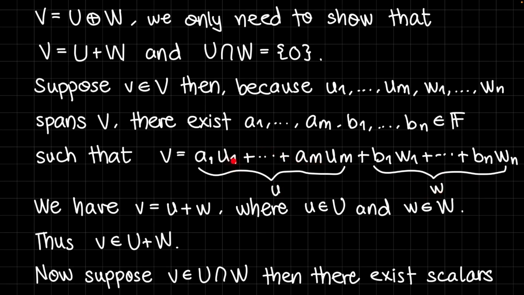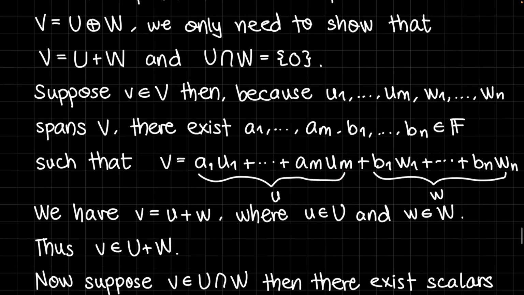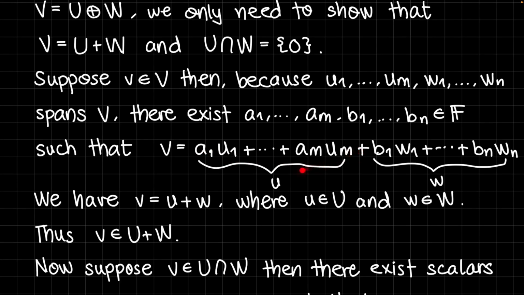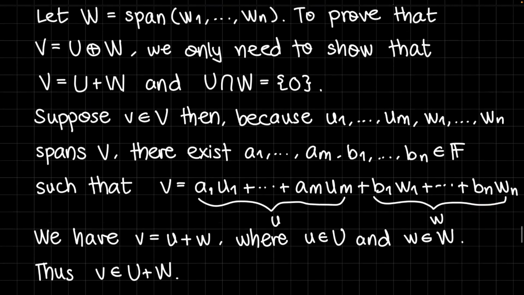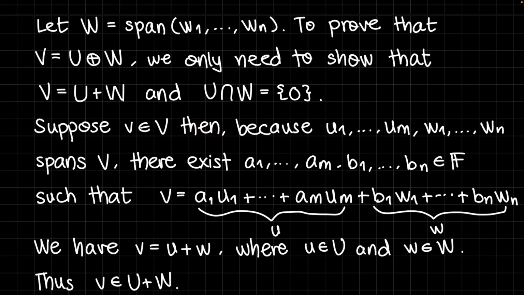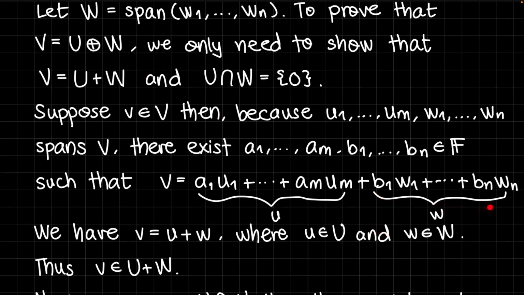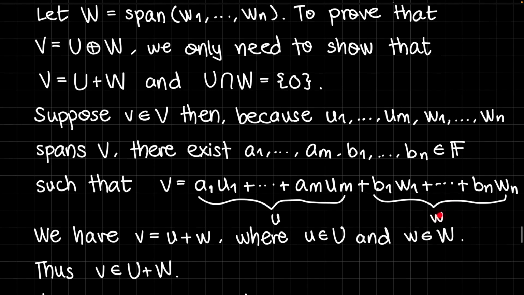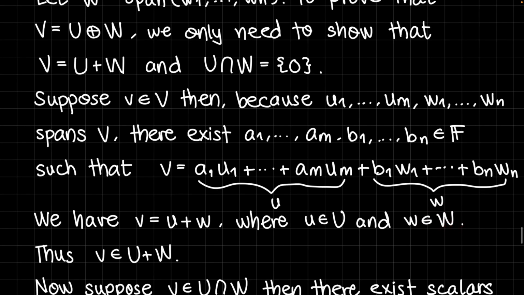Since all the u1 through um belong to the subspace capital U, this linear combination, which is small u, belongs to the subspace capital U. Similarly, w1 through wn belong to the subspace W, because W was the span of them. Therefore, this linear combination is inside W as well, which is small w belongs to capital W, just because it is a linear subspace.